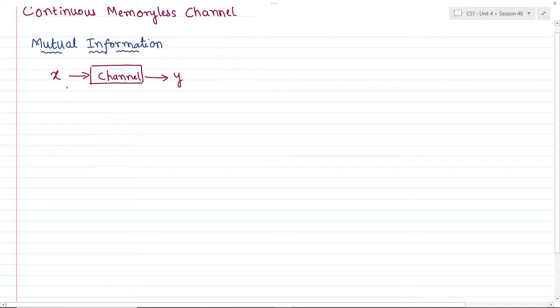Unlike in the case of a discrete memoryless channel, where each of those discrete sample values was represented by a message, in the case of continuous ranges of random variables, we can assume that the x in a continuous range is now a message.